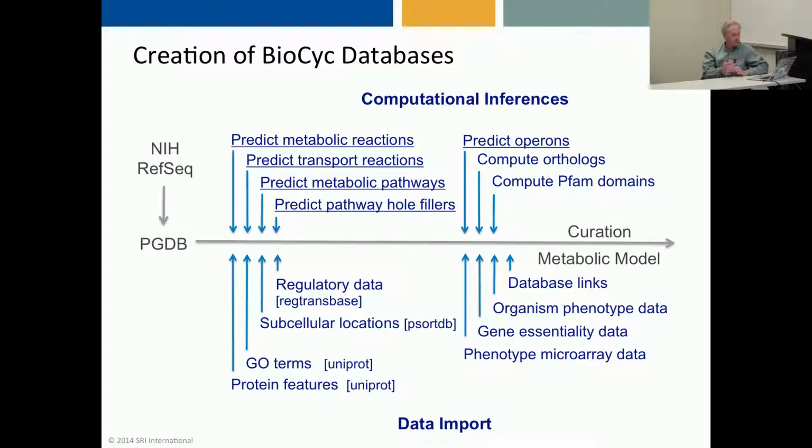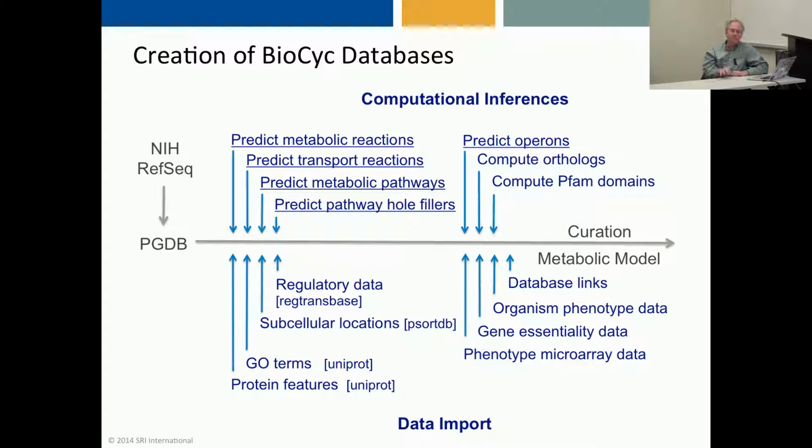And then that's where our software comes into play. We run a combination of computational inference tools within Pathway Tools, and we do a series of data import operations where we're importing data about this same organism from a variety of other databases that other groups around the world maintain. One thing our software does is predict what reactions the enzymes coded by the genome catalyze.